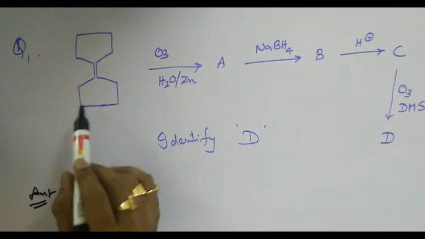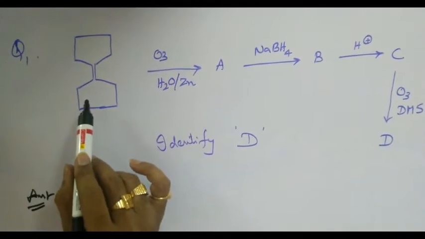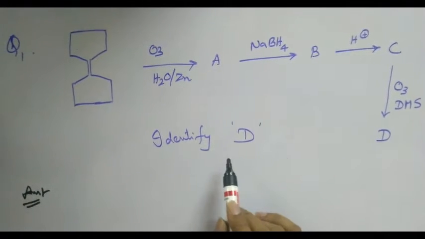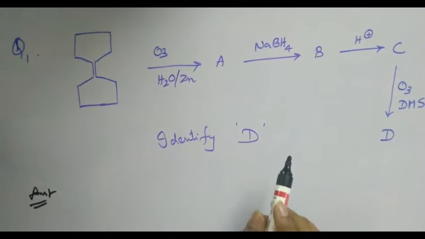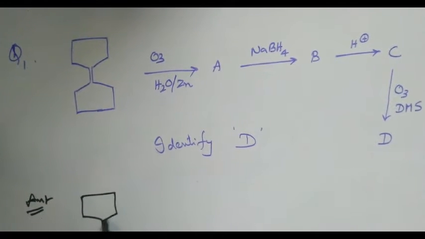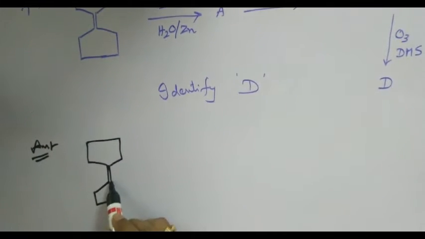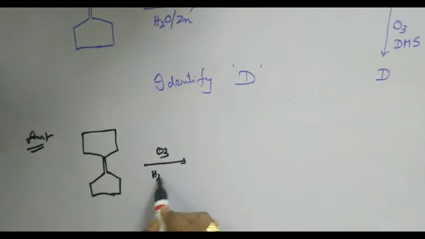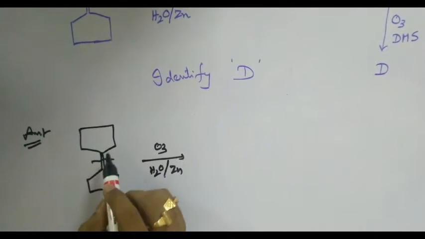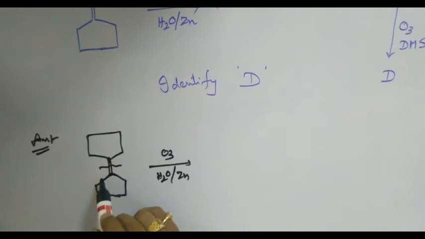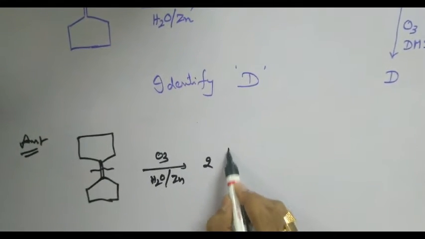In question number 1, a hydrocarbon is subjected to reductive ozonolysis, and in this series of conversions we are asked to identify compound D. I have taken this alkene, and we know pretty well that on reductive ozonolysis a rupture occurs at the C double bond C, and we need to put a double bond O for this carbon and also for this carbon. As a result, we will get 2 moles of cyclopentanone.